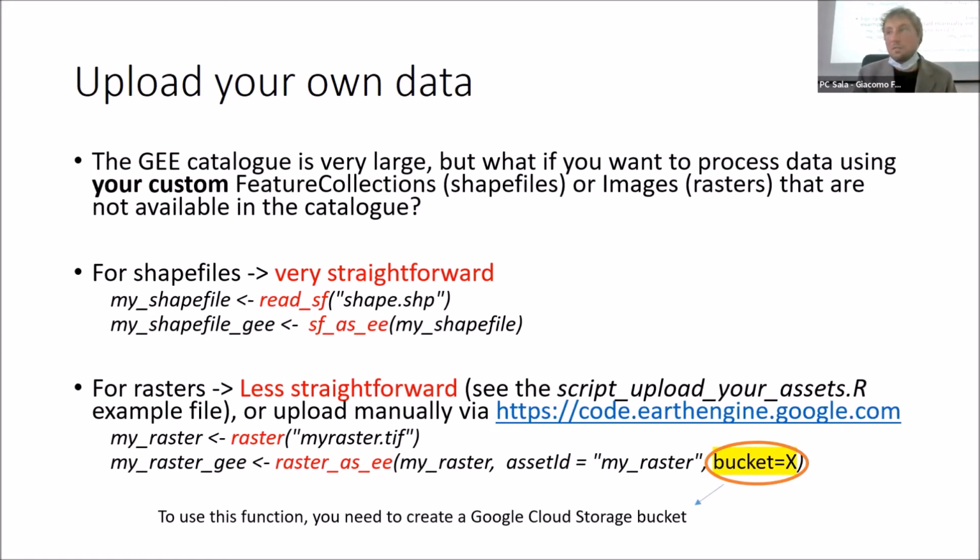So if you have a lot of files, it's painful, it takes time, it's not automatic like running one line of code. It's a good option if you want to upload one raster or a couple of rasters to then use them, you do it through the browser. But if you have a lot of data, then you should consider using this Google Cloud Storage. But first you have to activate it and pay some money to do it.